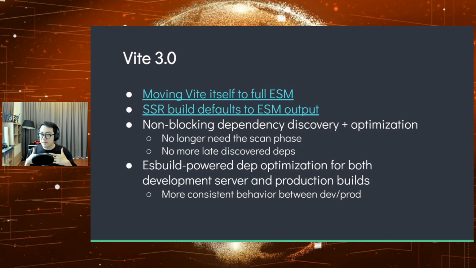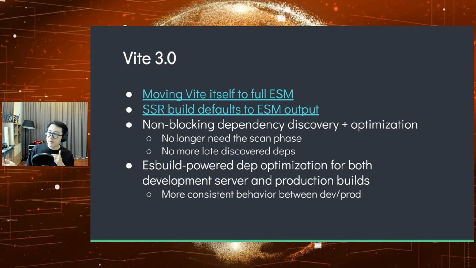First is we need to perform a scan phase, which can be costly if your code base is big. Another aspect of it is sometimes the scan phase will fail to discover dependencies because some of the code may introduce a dependency after it's been transformed by an actual plugin. So we have to wait until the app actually loads, then we discover there's a missing dep, then we optimize it, right? So this introduces some small frictions in terms of DX.